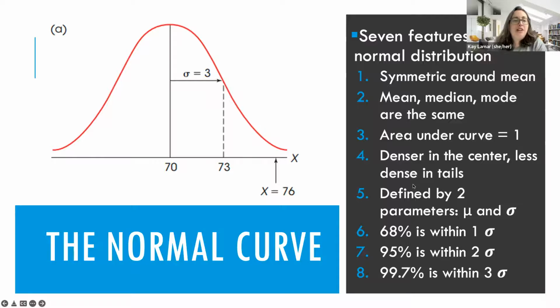Now, when we talk about the normal curve, again, we're going to use 2 different parameters. We're going to talk about the average, which is represented by mu. And again, this is talking about the population, which is why we're using mu for this. If we have a sample, then we're going to talk about X bar, which is the average for the sample.